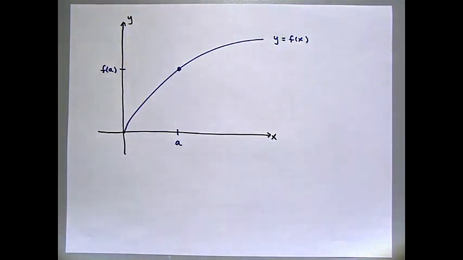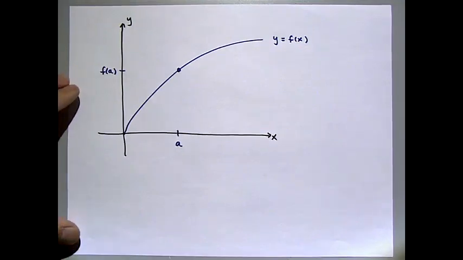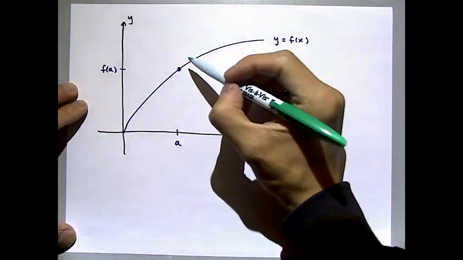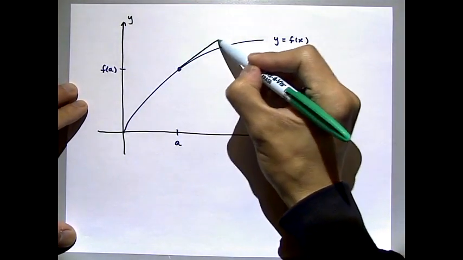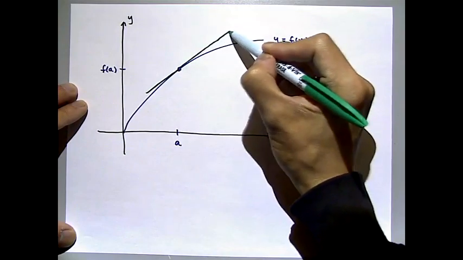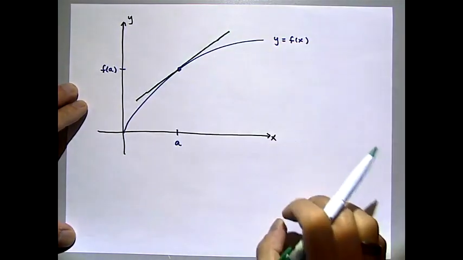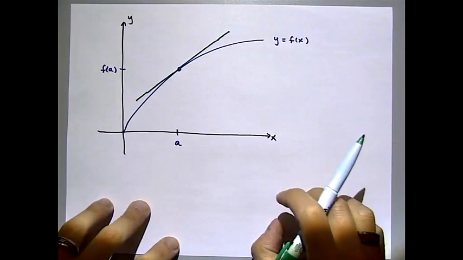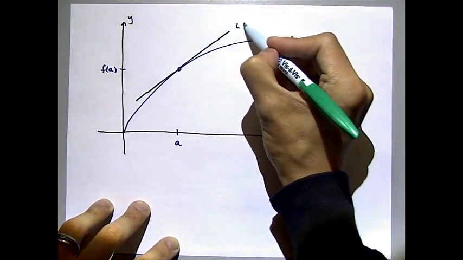There's my function, and I want to do a linear approximation at x is equal to a. And there's my tangent line. Okay, so this is our linear approximation.